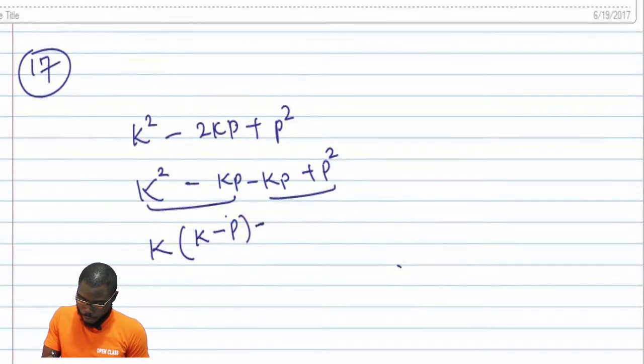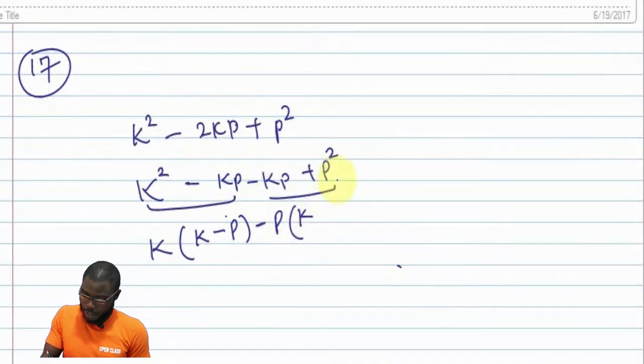So let me say we have minus. Okay, let's put the minus outside. What is common between them is p. So p in this we have k, p in this we have minus, so that when this minus multiplies this minus, we have this plus back.